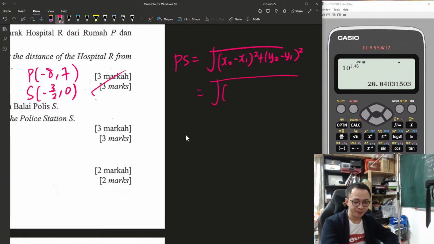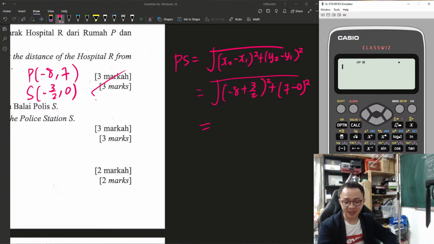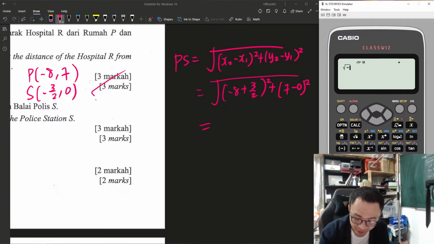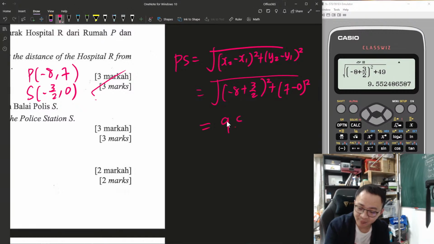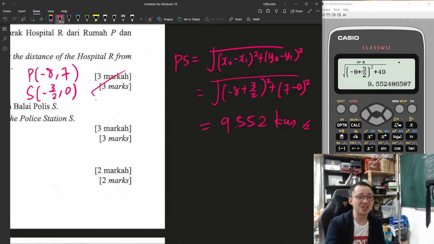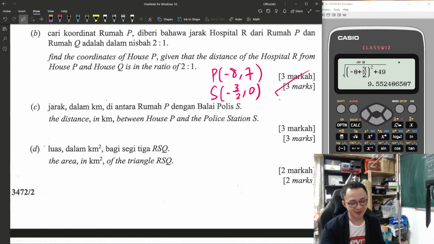So this is negative 8 plus 3 over 2, squared, plus 7 minus 0, squared, which is 7. Then I just type everything into the calculator to get a nice answer. Plus 7 squared, 49. So this one should be 9.552 cm. Okay, this is the distance between the police station and the house P.